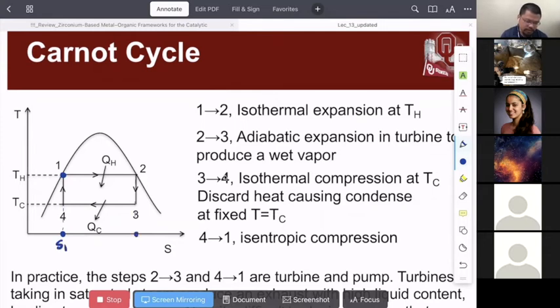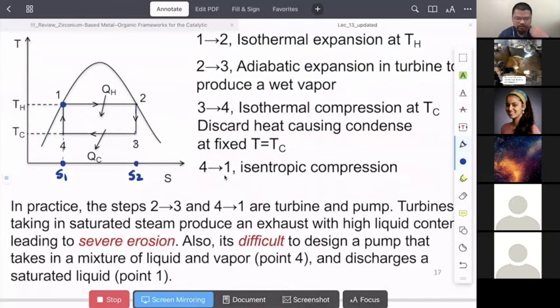So now we understand that the two adiabatic processes correspond to the isentropic processes that happen in the turbine, compressor, or pump, or expander.